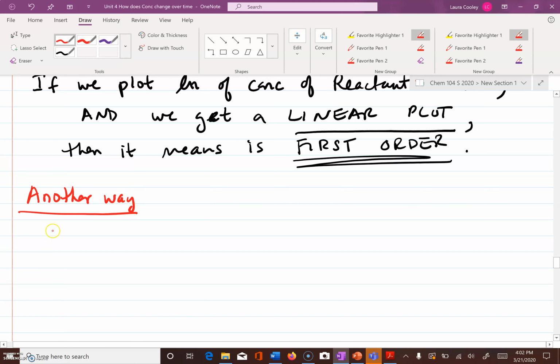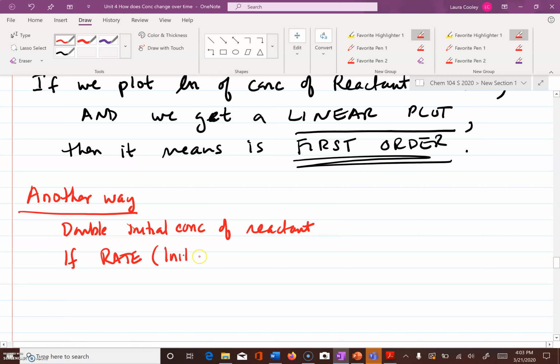So the other way is to double the initial concentration. You can't double the rate, you have to double the concentration of the reactant. If the rate, which we usually measure as the initial rate, doubles, that means the reaction is first order. So that's one way to figure out if a reaction is first order.